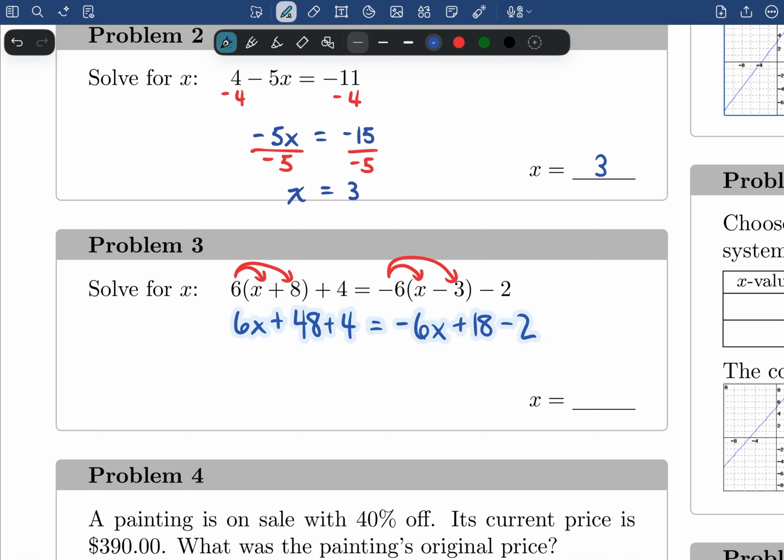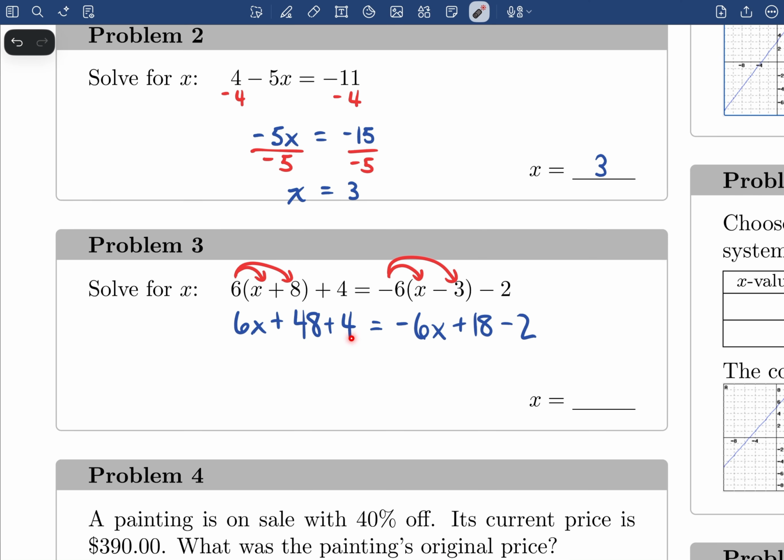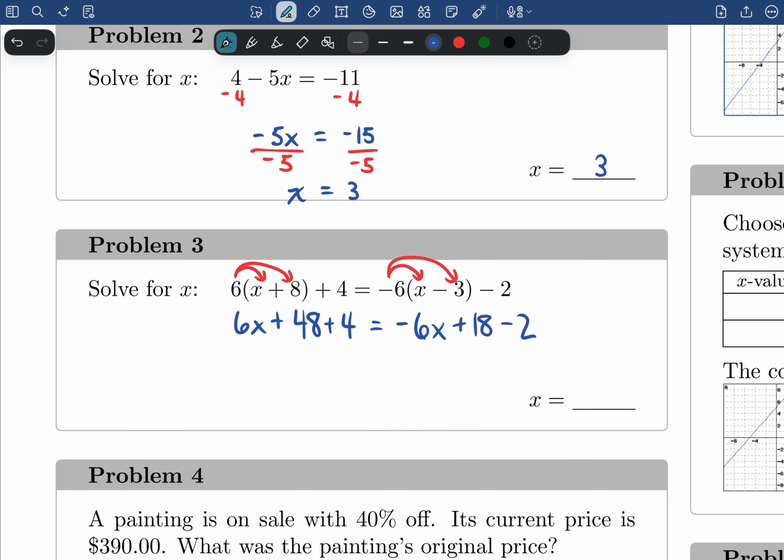Now, there are constants that can be combined together on both sides of the equation. Like here, I have 48 plus 4, and here I have 18 minus 2. So let's clean up those constants. And I have 6x plus 52 equals negative 6x, and then plus 16. So now I'm going to move all my terms with x to one side and all my constants to the other side, because that is the strategy for solving linear equations.